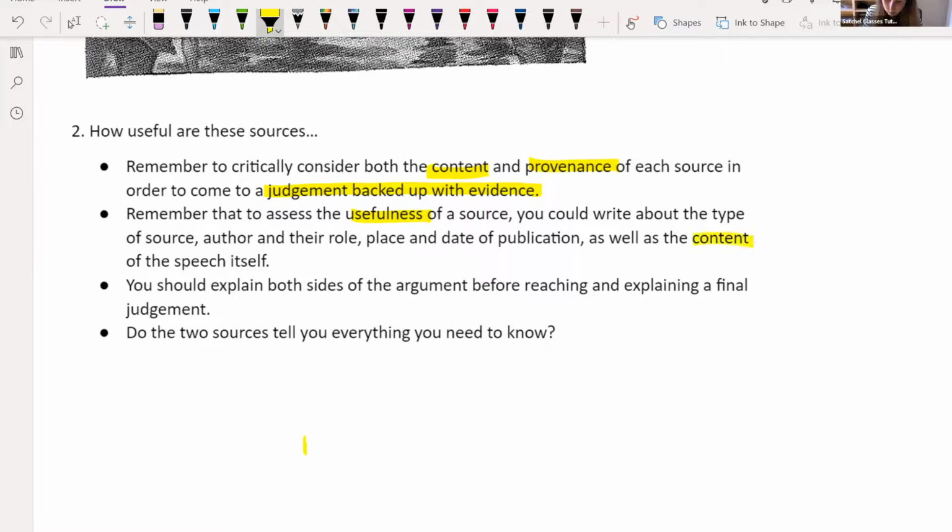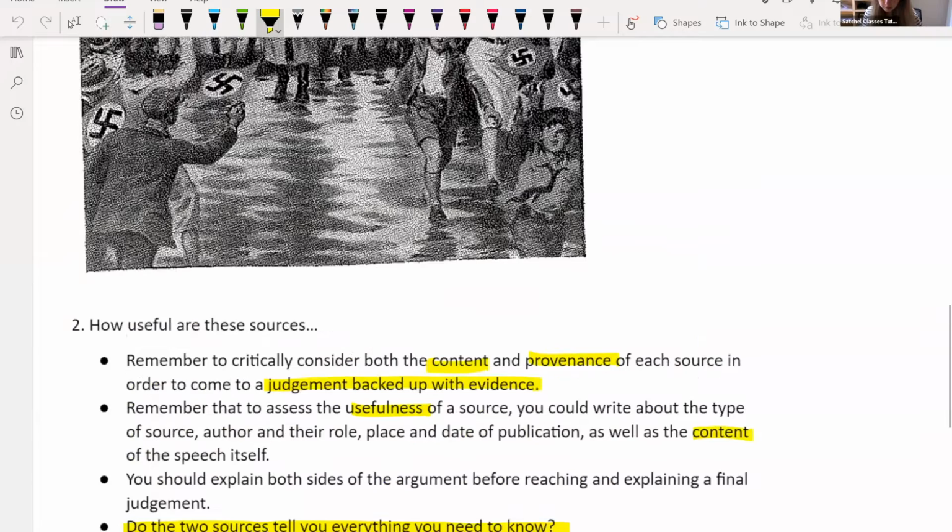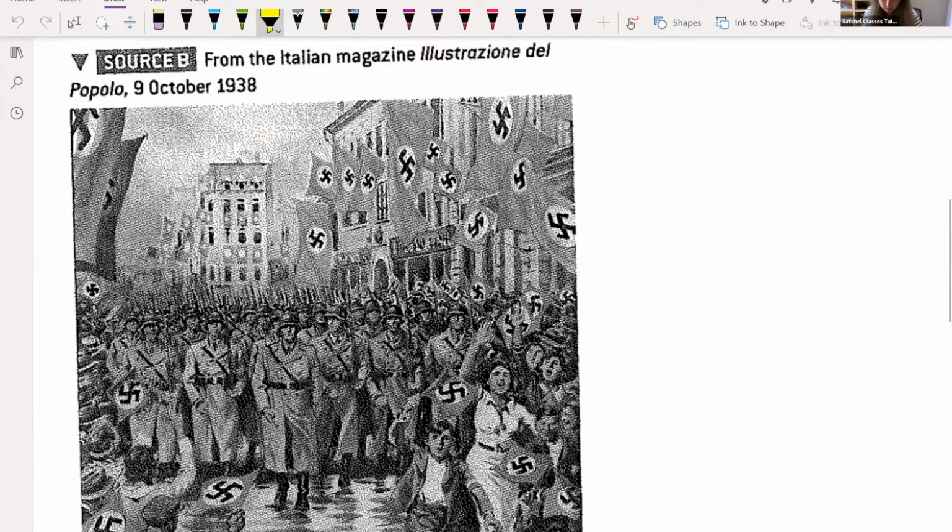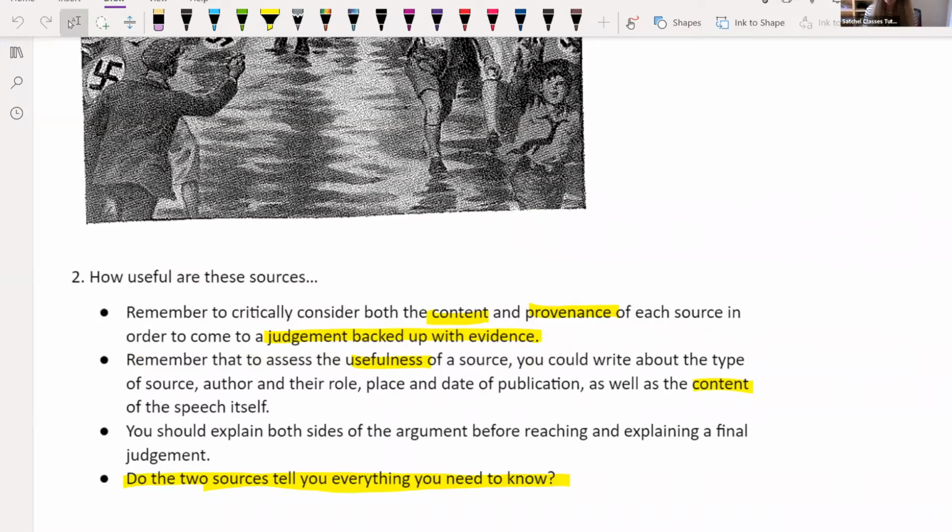And the content of the speech itself, or whatever it is. You can explain both sides of the argument before reaching and explaining a final judgment. And as I said before, do the two sources tell you everything that you need to know? We are also looking for you to compare the sources to each other. What you don't have to do, which it does say here, since 2016, when this series first started, there's been some clarifications on what is expected.